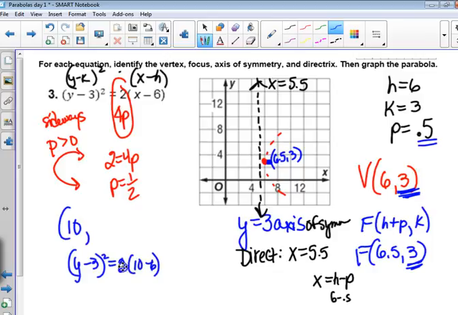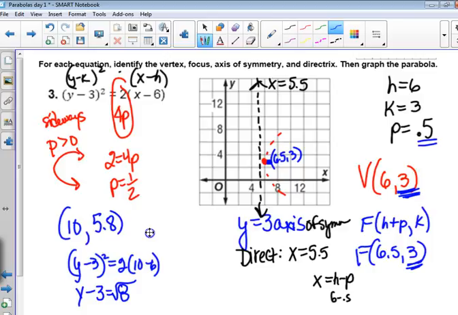Ten minus 6 is 4, times 2 is 8. Square root of 8 plus 3. 5.8.